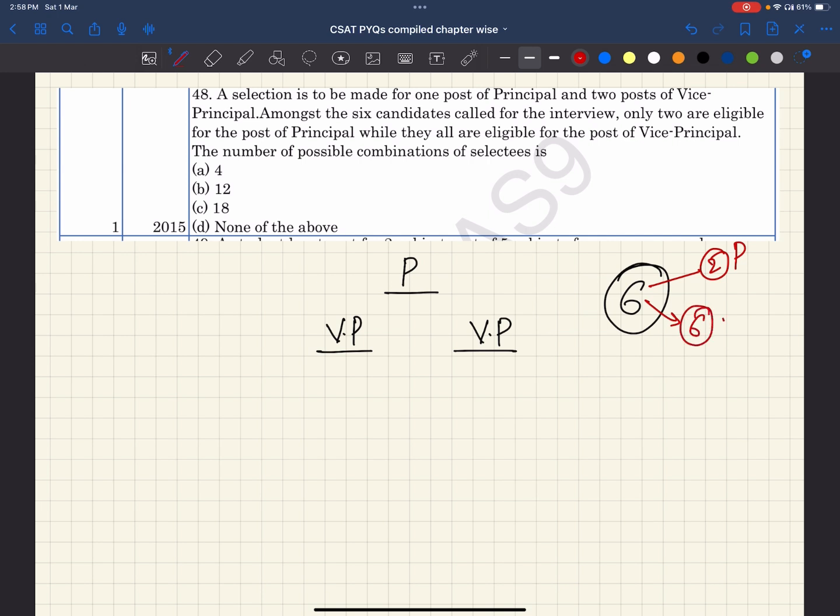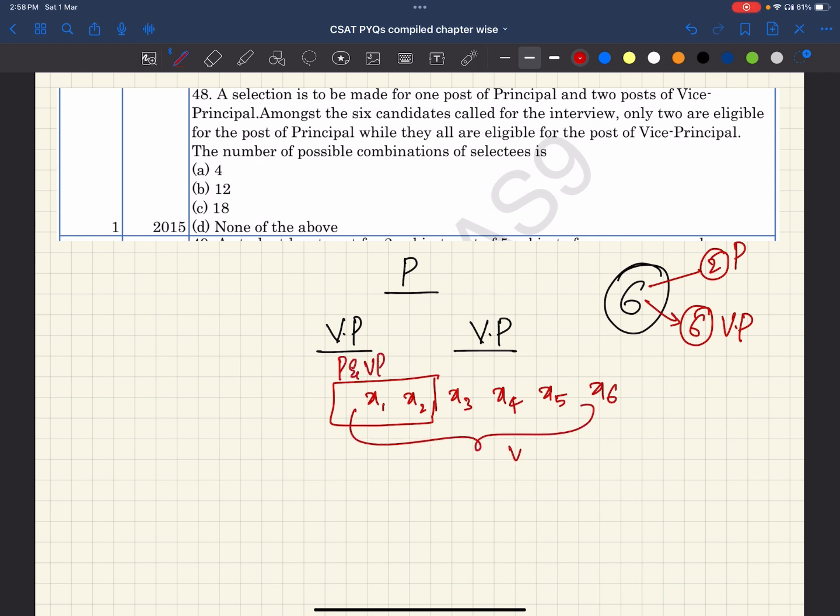That is, all the 6 are eligible for vice principal. The number of possible combinations of selectees is, let's take x1, x2, x3, x4, x5, x6. These 2 people are eligible for principal and vice principal, and all are eligible for vice principal.